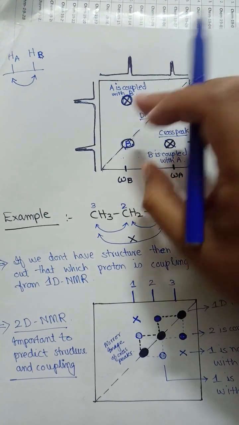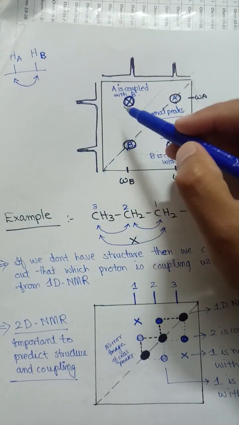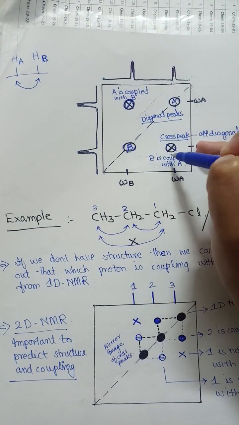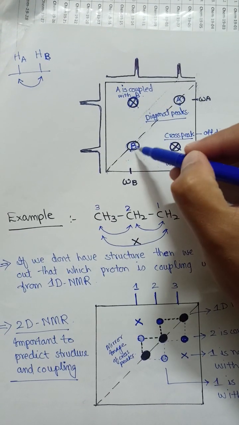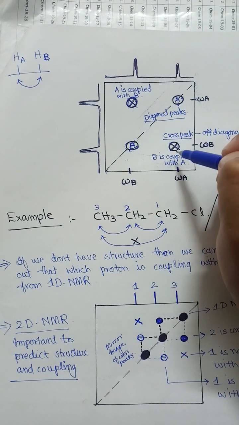Then it is further confirmed by the cross peaks. These are the cross peaks, which are not present on the diagonal. They are called cross peaks.